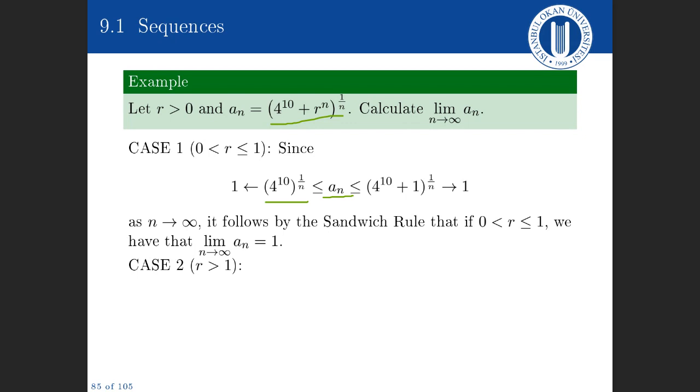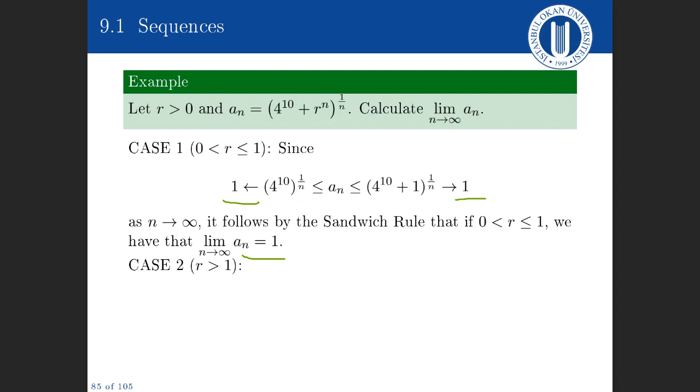We could replace r to the power n by something that's bigger than it. R is less than 1, then r to the power n is less than 1. So replacing the plus r to the power n by plus 1, we get something which is bigger. But then we're sandwiched between 1 and 1. So the limit must be equal to 1.